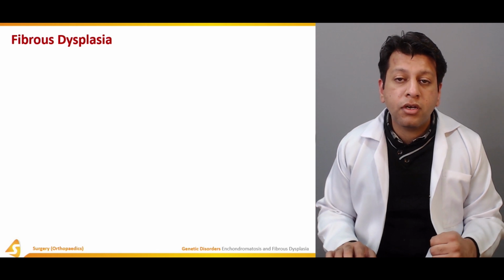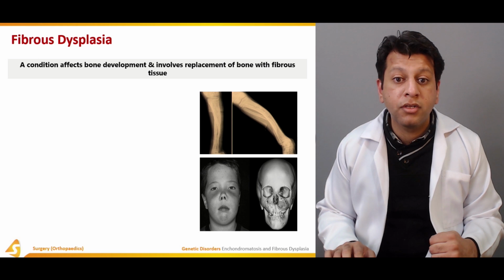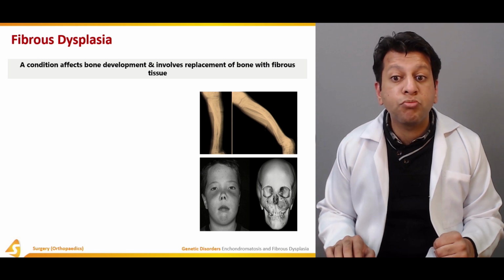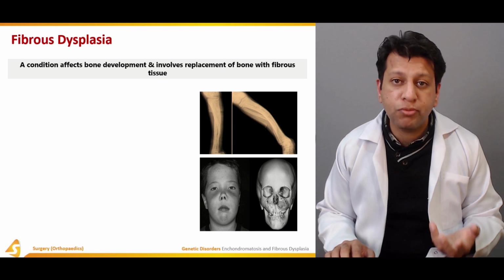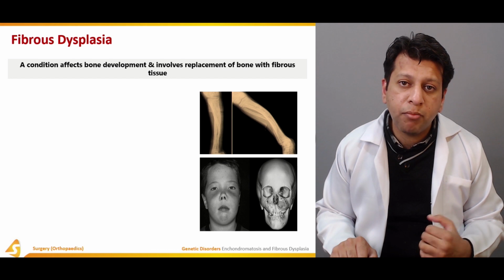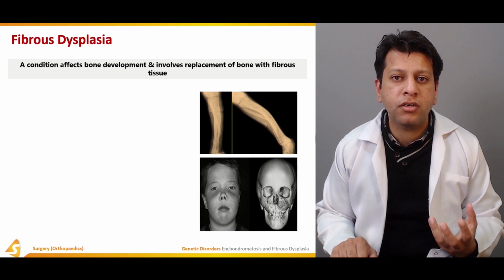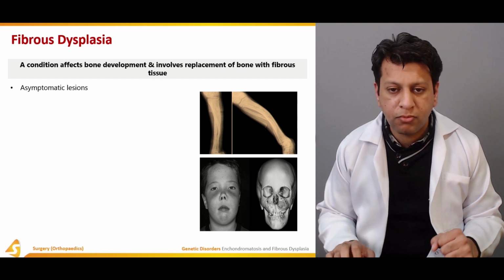Now coming to another tumor-like condition called fibrous dysplasia. It's a condition that affects bone development and involves replacement of the bone with fibrous tissue. As the word suggests, dysplasia is maldevelopment, so instead of normal development, it is replaced by fibrous tissue.